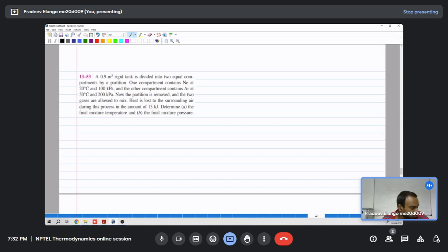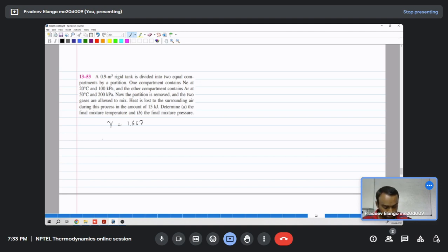So now both the constant volume specific heats will be the same on molar basis because both are monatomic gases. So for monatomic gas, gamma will be 1.667. So using this we can calculate the Cv of the individual gases.